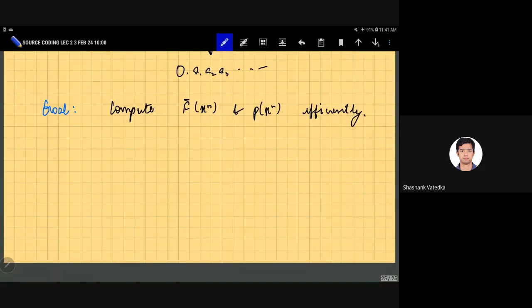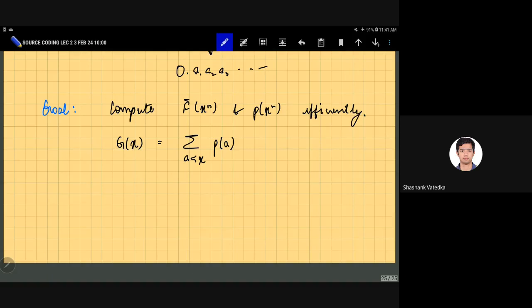So I'll define a new function, let me call it g of xn, or g of x, which is sort of like the CDF or a modified CDF: it is the summation over all a strictly less than x of p of a.